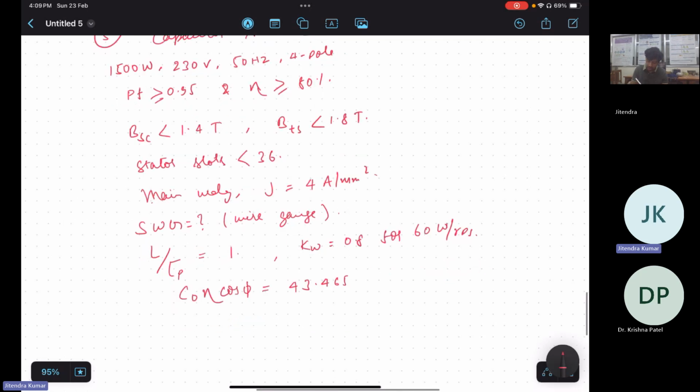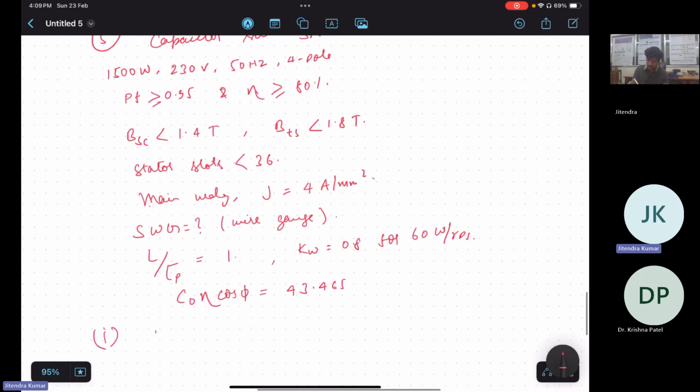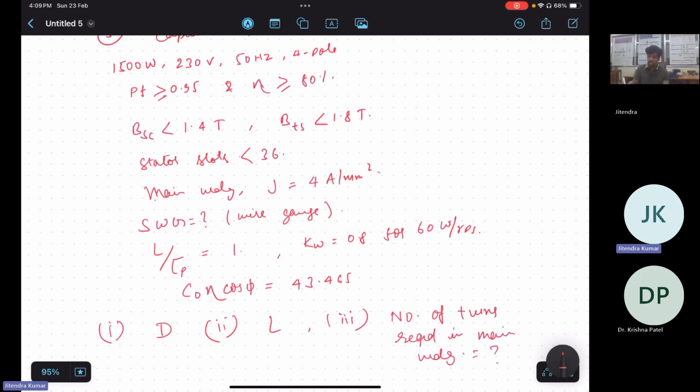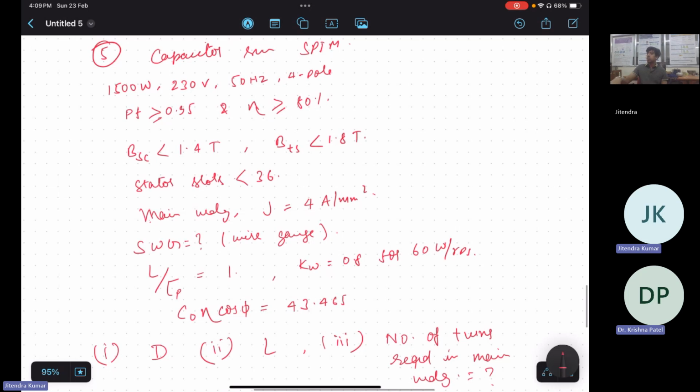You need to calculate again bore diameter D. Second part is axial length. Third part is number of turns required in the main winding. So just give it some thought how to proceed. I'll be back in a minute.